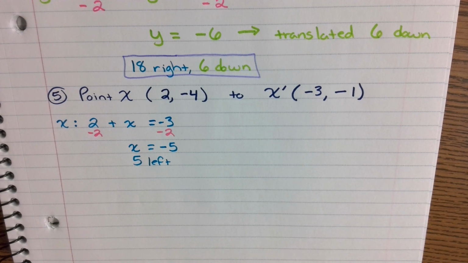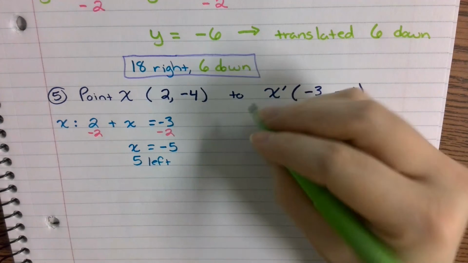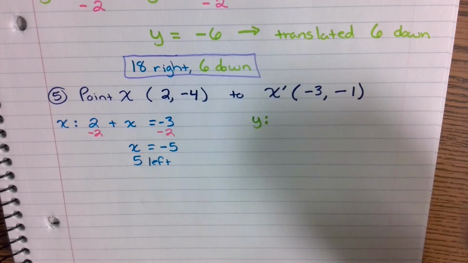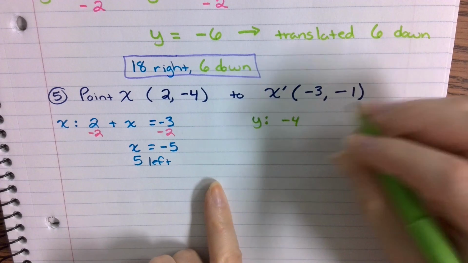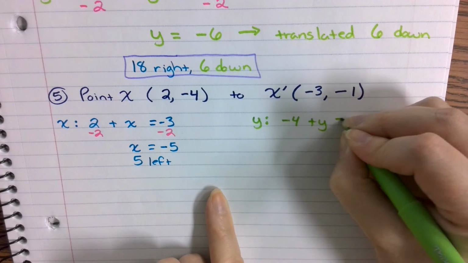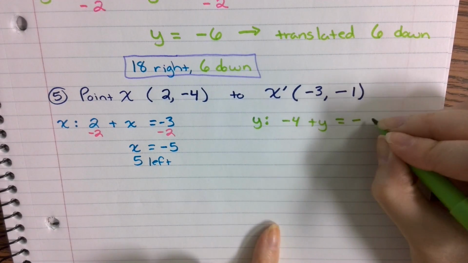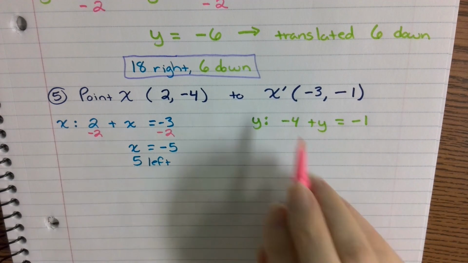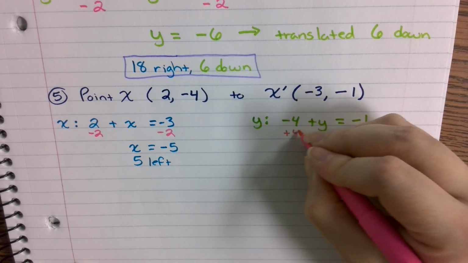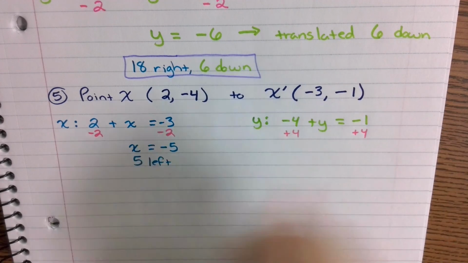Okay, then for my y, I'm going to start at my y value, which was -4. I'm going to add some form of y, and it's going to end at my y value for the x prime at -1. The inverse operation here is to add 4 to both sides.